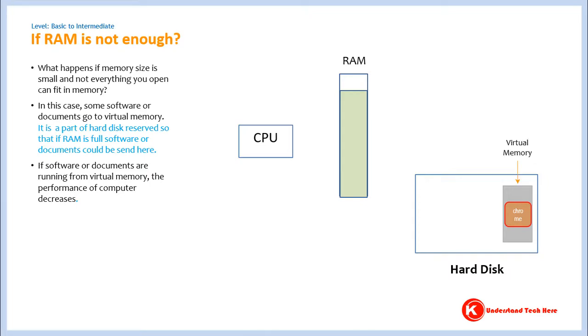However, there is one big downside of this mechanism. Now, commands to operate Chrome have to go to the CPU from virtual memory, which is actually part of the hard disk. But as we have explained earlier, it takes longer to reach things from the hard disk to the CPU.